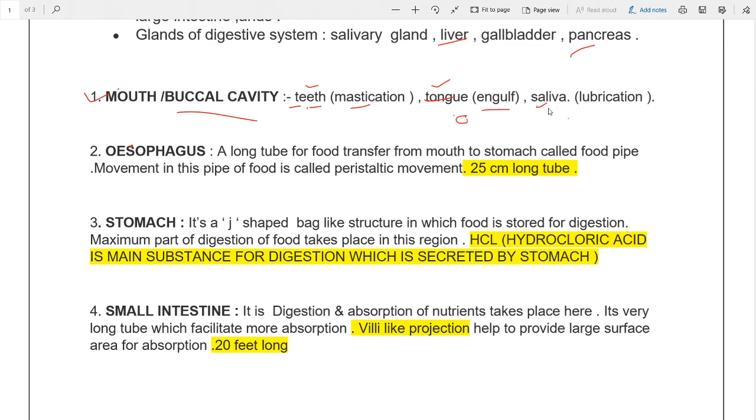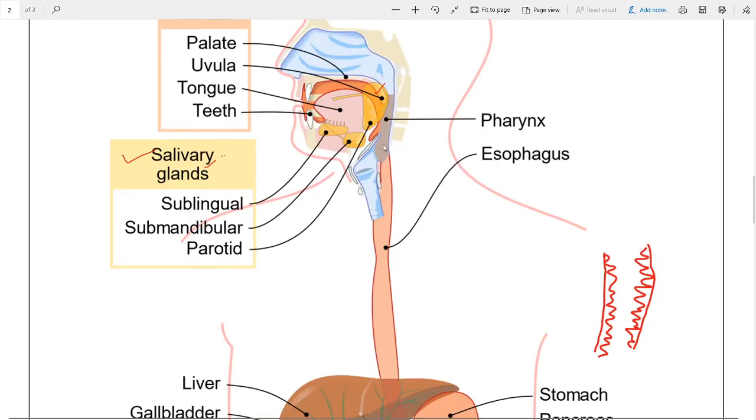Then there is saliva. I've already explained that there are three types of salivary glands: sublingual, submandibular, and parotid. Lingual is the biological word for tongue, so sublingual means below the tongue.